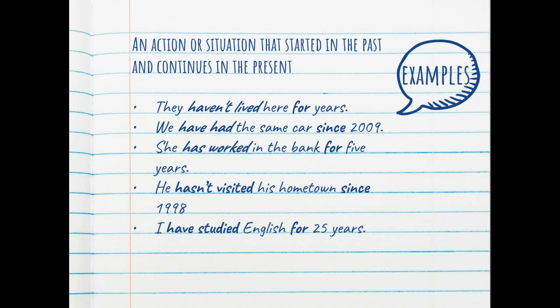If you remember, this is the starting point of our lesson. As you can see, for specifies the period of time that has passed since I started studying English, and I still have not finished. Okay, so remember, an action that started in the past and continues in the present.